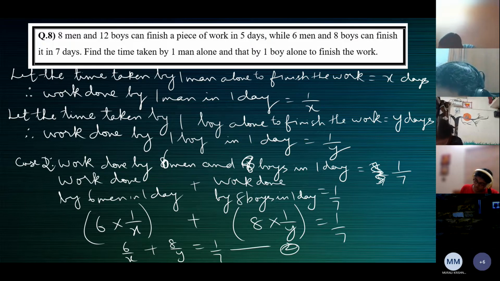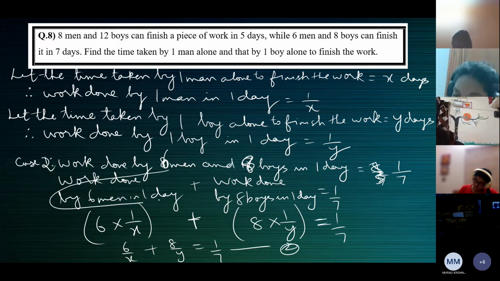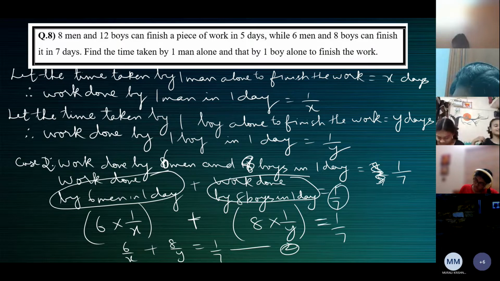When you add, it is their combined 1 day's work, and that is equal to 1 by 7, because this combination can finish the work in 7 days. That means in 1 day they would have finished 1 by 7 of the work.